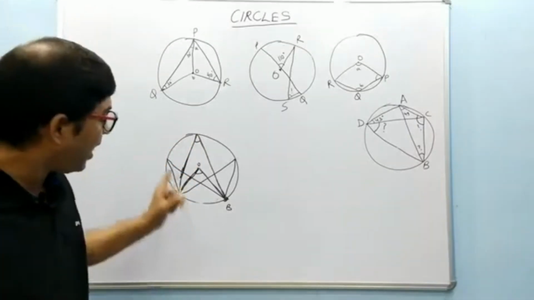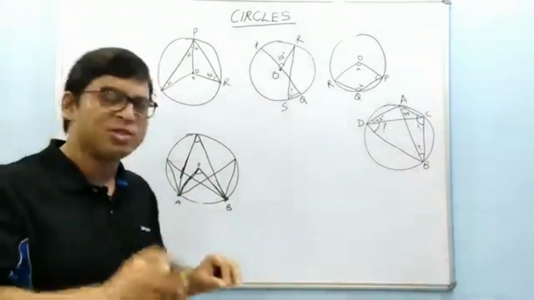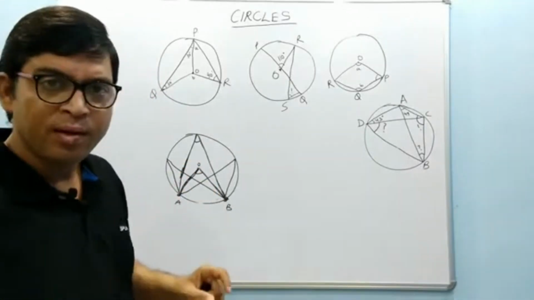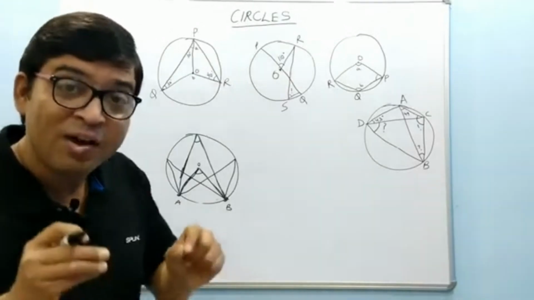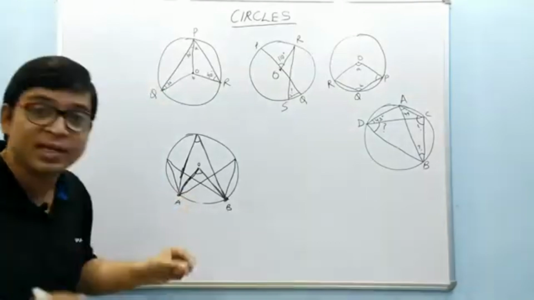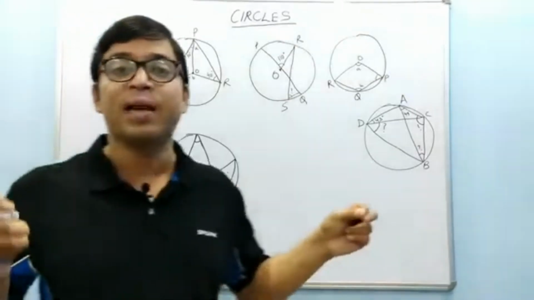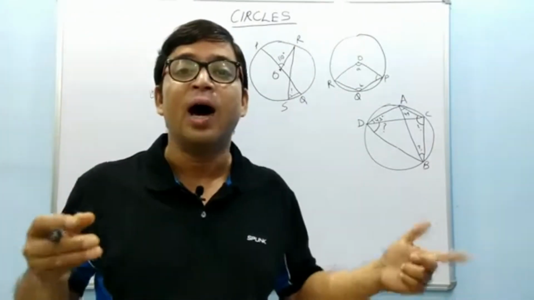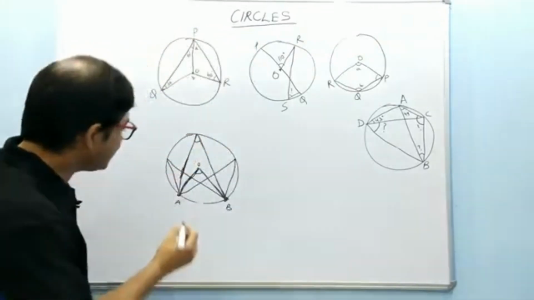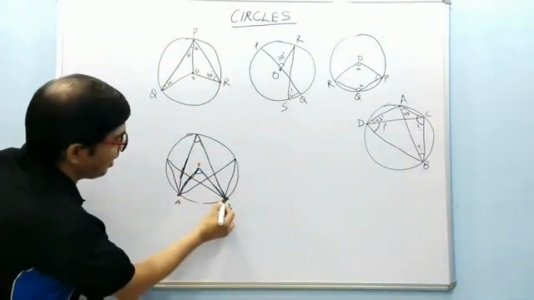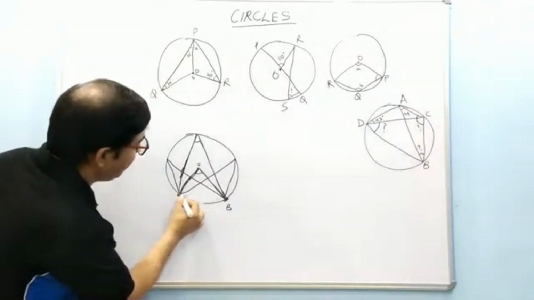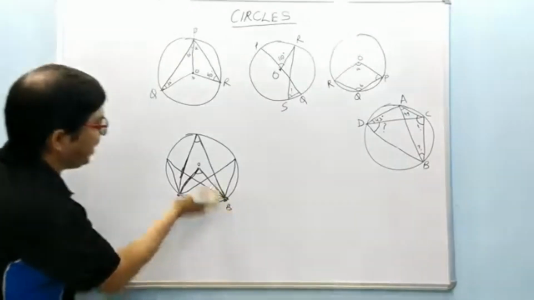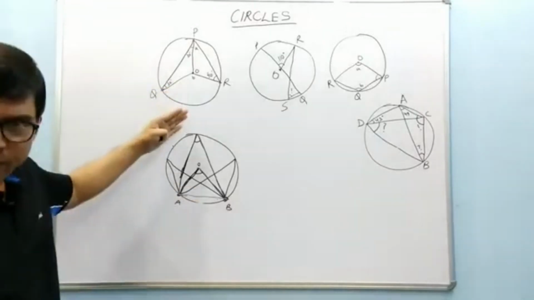This is one theorem. Another theorem you have seen on your own. Can you tell me which theorem you have seen? You have seen that angles in the same segment of the circle are equal. Angle made by same arc in the same segment of the circle means it is being made in that segment.